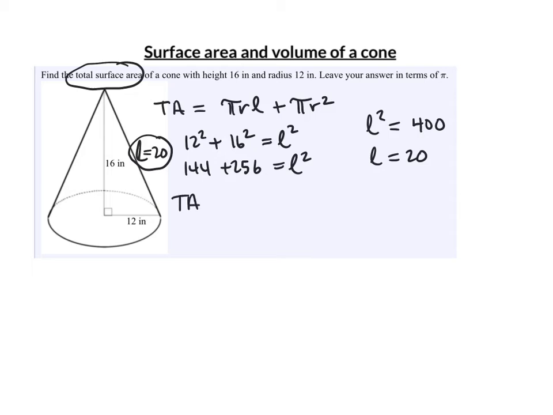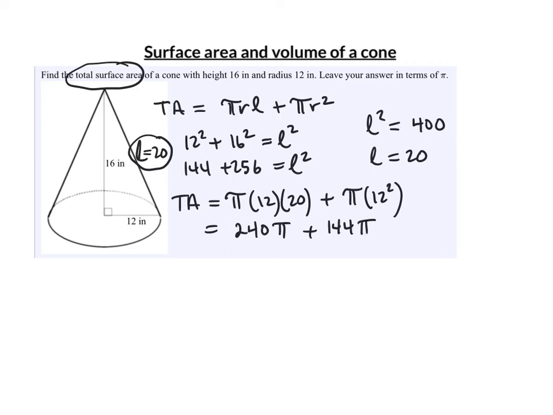So the total area is pi times the radius times the slant height, 20, plus one circle, pi times the radius squared, pi times 12 squared. 12 times 20 is 240. 240 pi plus 144 pi. So our total area is 384 pi, and that would be inches squared.